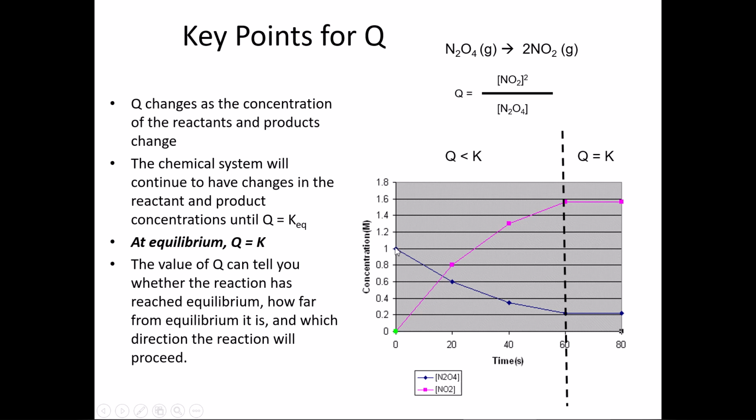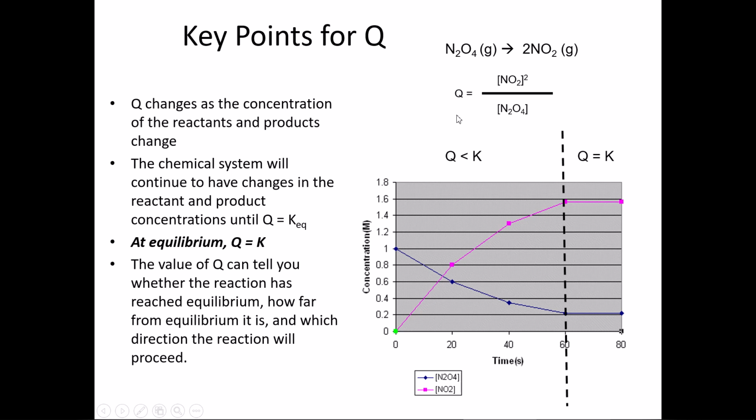And when we first start out, we have only reactants. So in this particular graph, we're looking at N2O4 as our reactant, producing 2NO2. So when we start out at time equals 0, we have only reactants. Reactants are decreasing as we create products, and then our NO2 product is increasing.